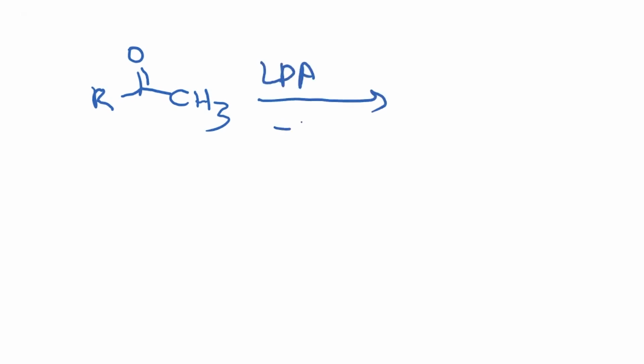So what we have done so far is, we have taken, for example, a ketone and reacted it with LDA at minus 78 degrees centigrade, and we generate the enolate O minus, and then we'll look at this a little bit in detail later.